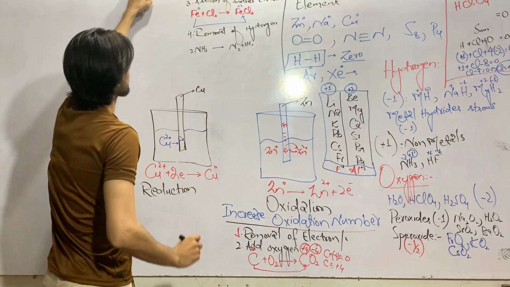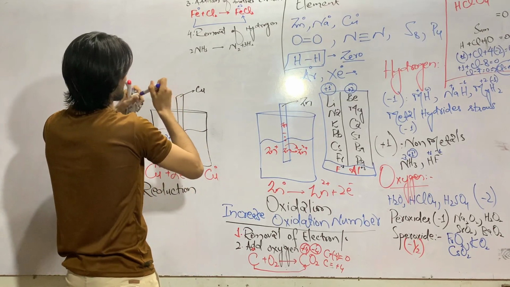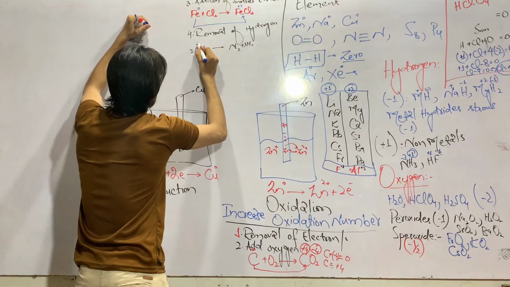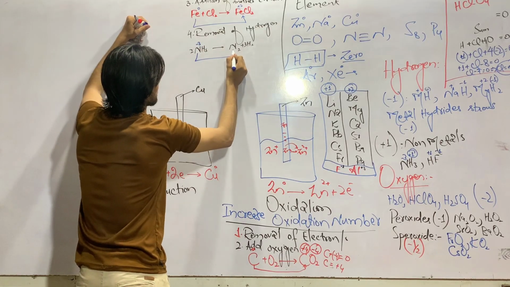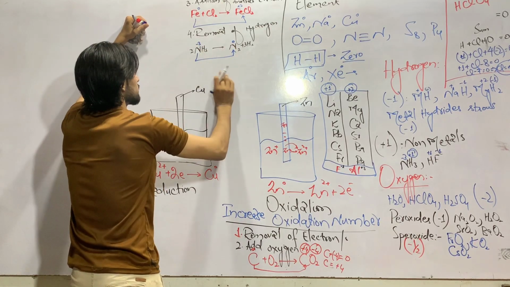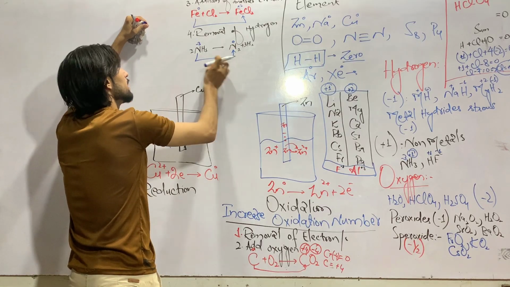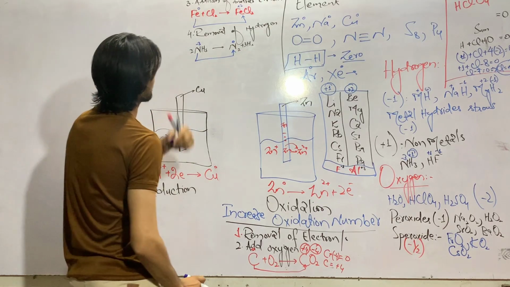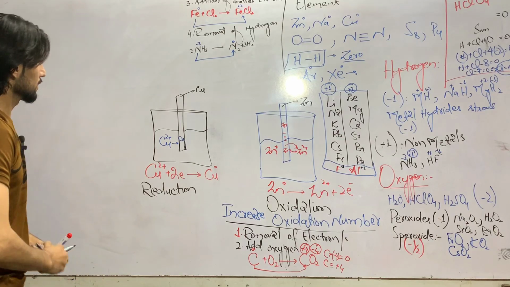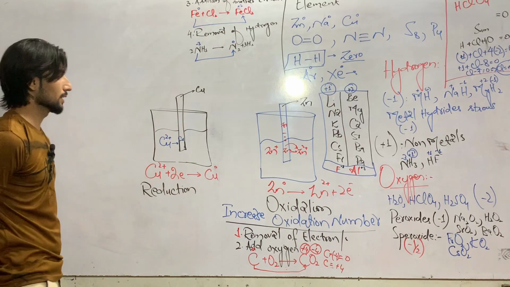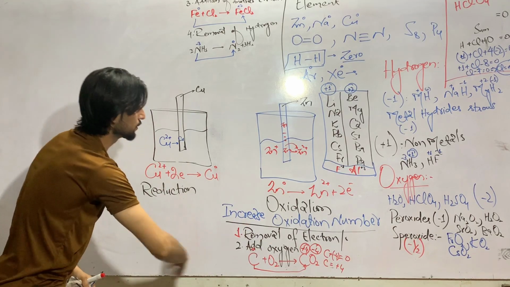Now, you can see that nitrogen here was in -3, so from -3 it goes to 0. -3 to 0 is an increase. So this increase in oxidation state has been brought up by removal of hydrogen. This is also oxidation. Then what is reduction? The reversal of all these.